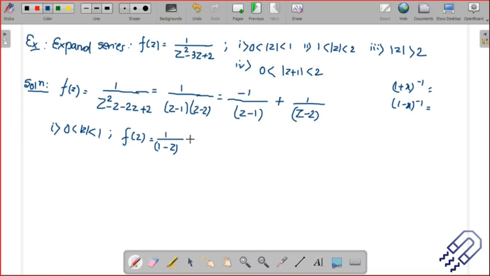So this would be minus 1 divided by 2 minus z. Okay, and then what we can do is take the 2 out, so I will take this as 1 and this would be z divided by 2, and this is a 2 here.